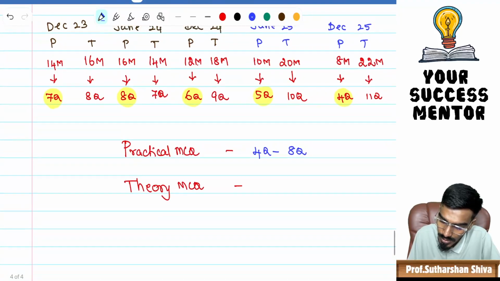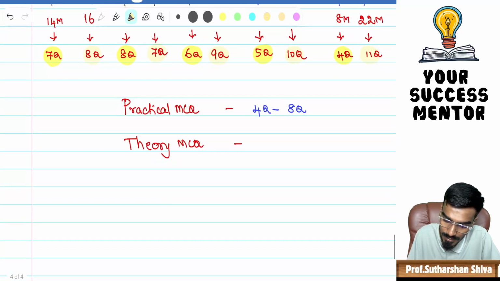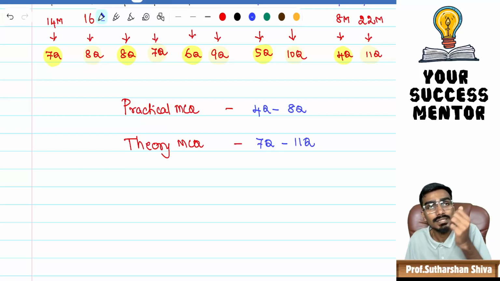Theory questions, what is the starting? 7. Minimum 7 to maximum 11 questions. I will tell you a strategy, guys.